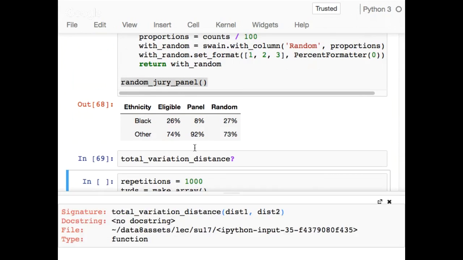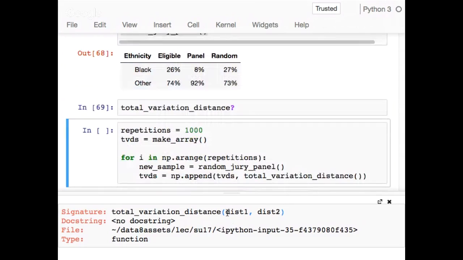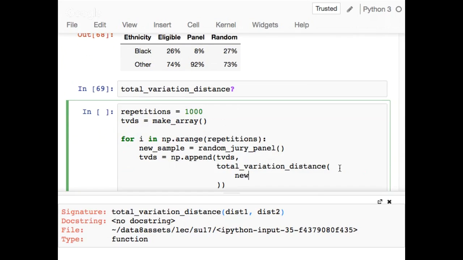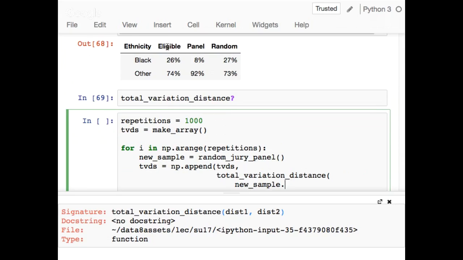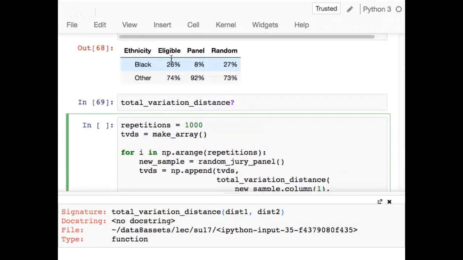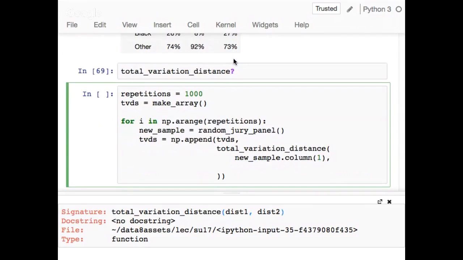It takes in distribution 1, distribution 2. So I want to take in a new sample, column number 1, and the difference between my new sample column number 1 and column number 3.